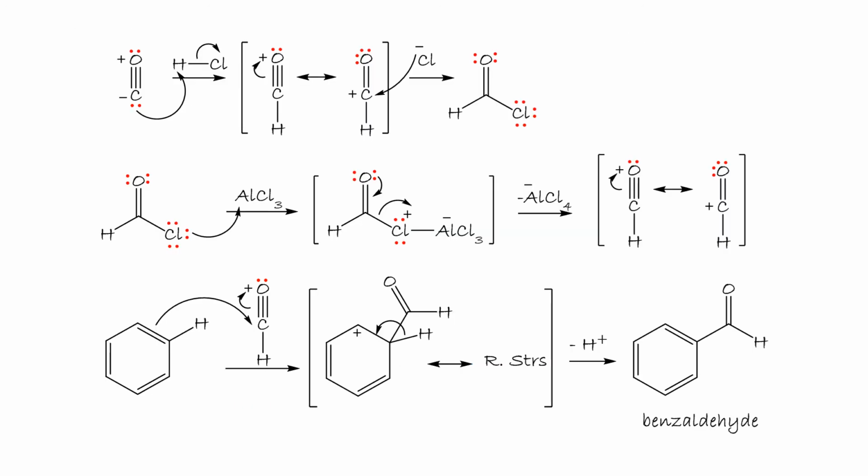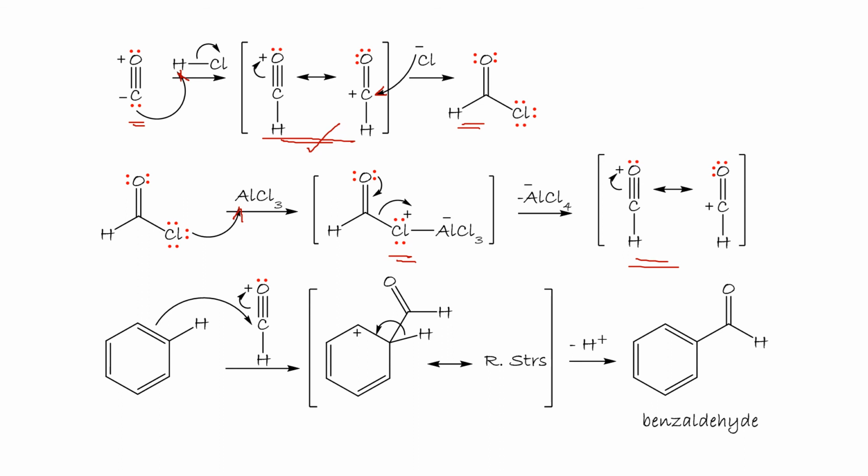So carbon monoxide with HCl, you add the H to the carbon, forming the acylium ion. Chloride will attack to form formyl chloride. You have aluminum chloride in the medium, a Lewis acid. So you form the complex, which dissociates once again to the acylium ion.